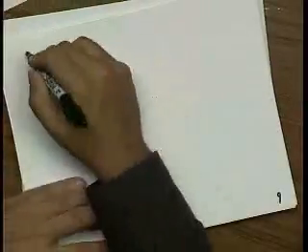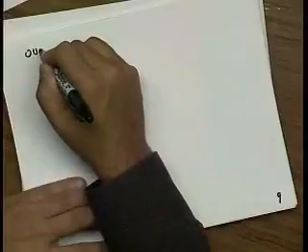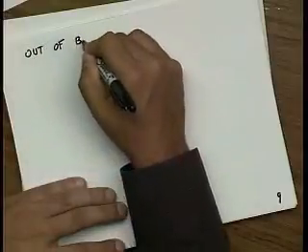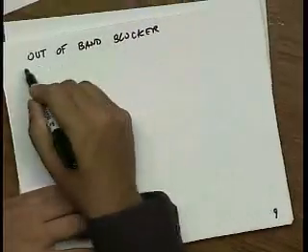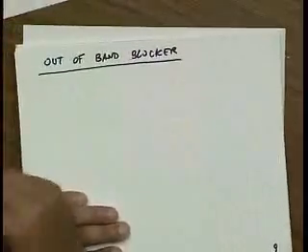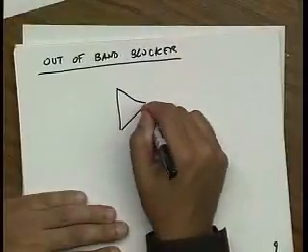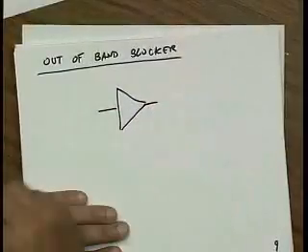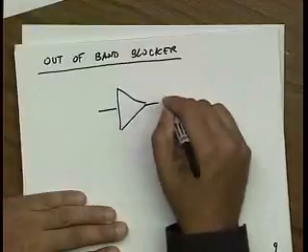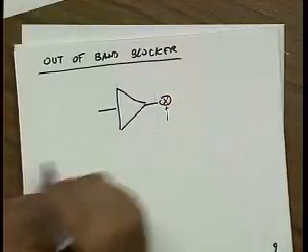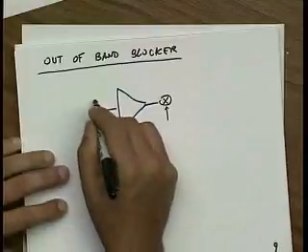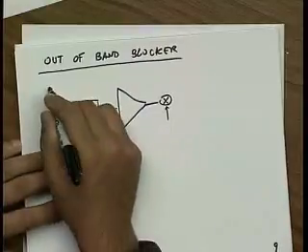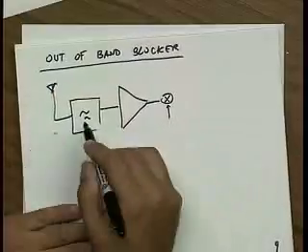Let me now finally introduce one more term, and this is the concept of an out-of-band blocker. So the idea is following. Let's say I have an amplifier. Could be a radio amplifier, for instance. And unfortunately, no matter what you do, it's going to have some nonlinearity. And what I'm concerned about is, what if I pick up two signals here?